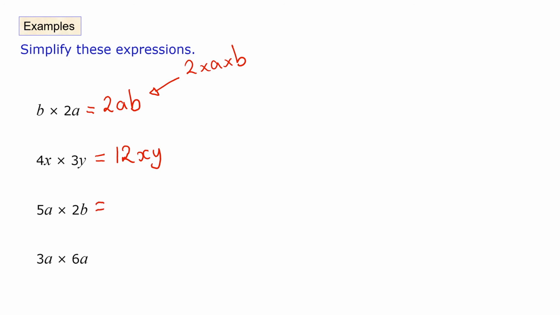Looking at this third question here, 5a times 2b, multiply the numbers first. 5 times 2 is 10, and then a times b would be ab. This question, 3a times 6a, look at the numbers, 3 times 6 is 18, a times a would be a squared. So remember, you have done this at the start of year 9.